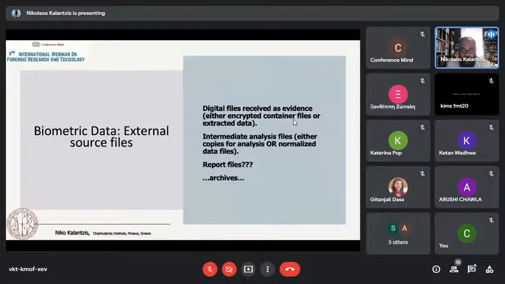So let's look at the two scenarios that the forensic laboratory will have in order to deal with biometric data. The first scenario is external source files. External source files can be digital files received as evidence, either in encrypted container files or extracted data.